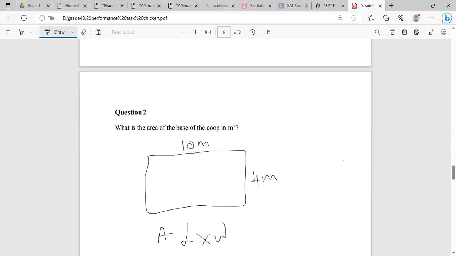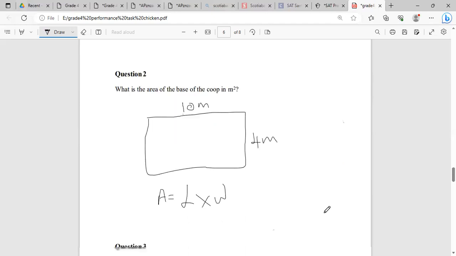So we put in our length, which is 10, and our width is 4. So 10 times 4 gives us 40 meter square. Remember guys, the unit is very important. They are testing you for that also, all right? It's square because it's area, it's 2 dimensional.